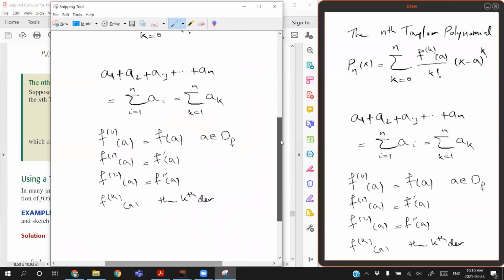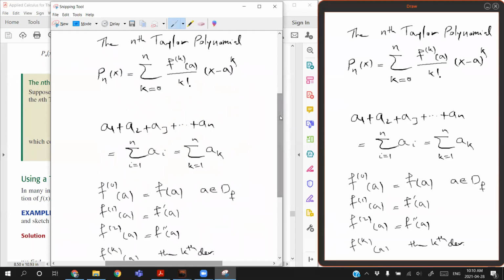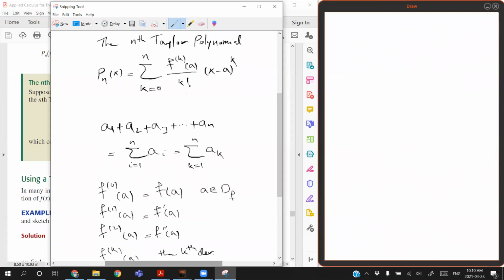Another thing that you see in this formula, the Taylor polynomial, is k factorial. So what is k factorial? If you have, for example, 5 times 4 times 3 times 2 times 1, you can represent this with 5 factorial.